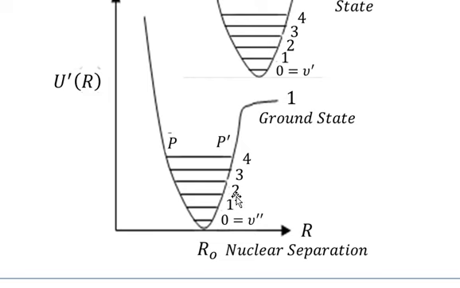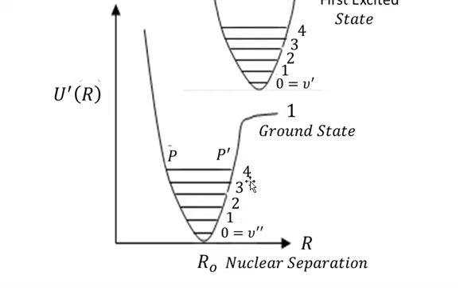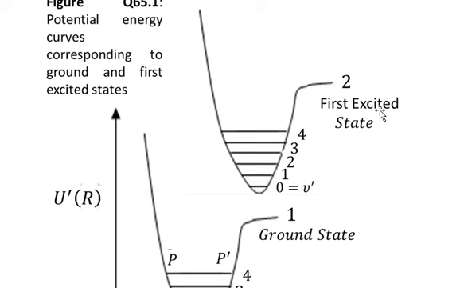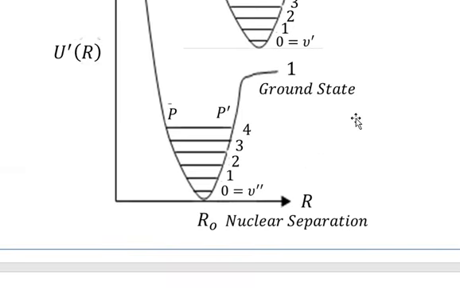But when the molecule gets excited, the electronic state is shifted, which we call level 2. This level 2 is actually the first excited electronic state of the molecule. So you see that when the molecule is excited, the nuclear separation between the two atoms also increases.